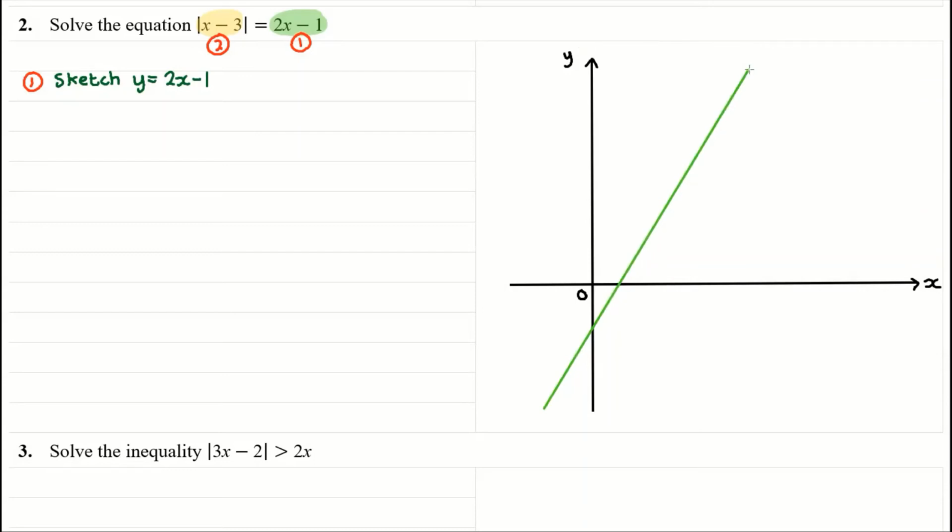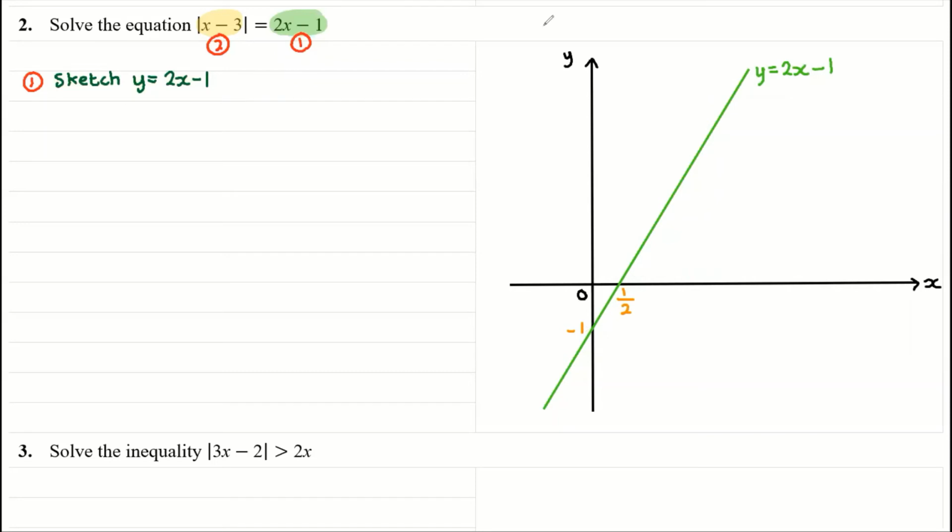Okay, and we'll just label that and make sure we've got the x and y intercepts labeled as well. So this is y is equal to 2x subtract 1. And we remembered, hopefully from previously, what the x-intercept is. That is at 1/2, and the y-intercept is at -1, as you can tell from the equation. So that's the first thing, considering the right-hand side first of all.